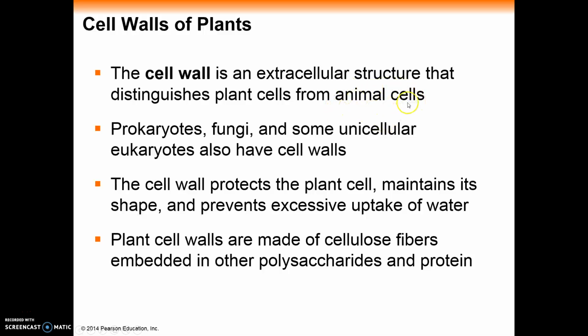While animals do not have this, they do have something analogous. Now, in plants, these are made up of these things called cellulose fibers, which is essentially just, if you recall from chapter 5, long strands of glucose linked together in a beta 1,4 configuration.